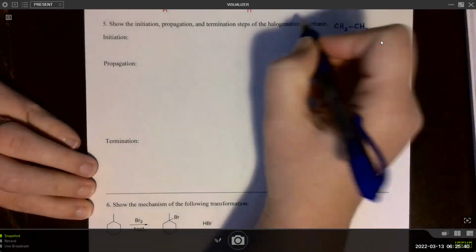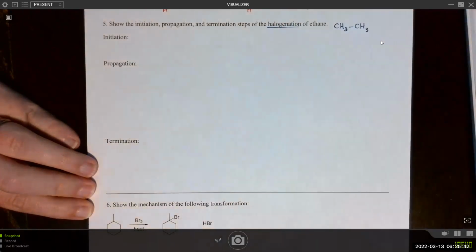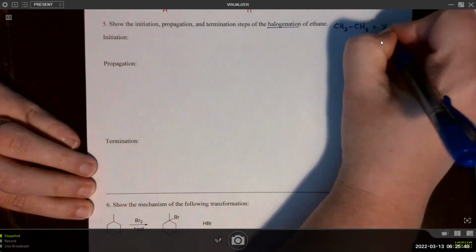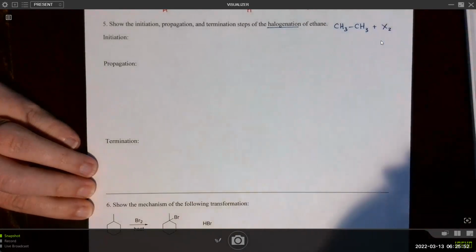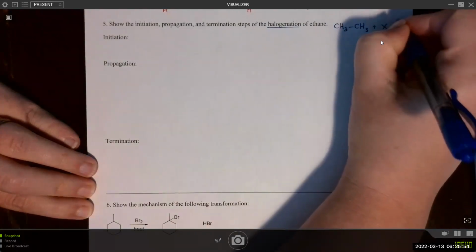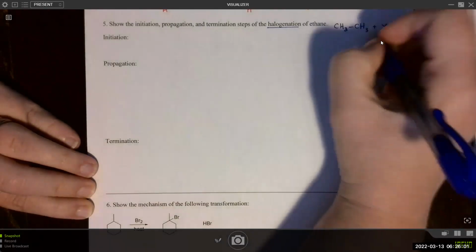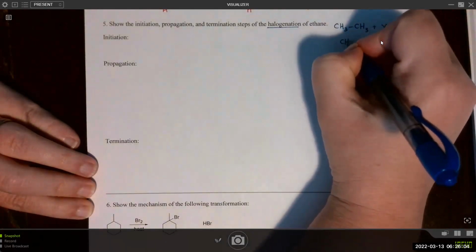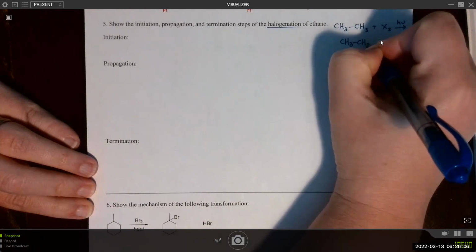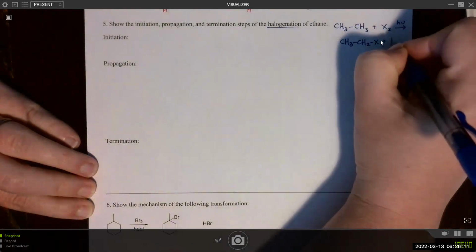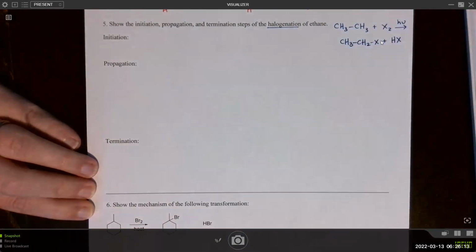And if it just says halogenation, I guess it's looking for just a generic mechanism where we can just use X for the halogen, right? And typically there's some light that will be used to do the initiation step. And then the product will be monohalogenated alkane and HX.